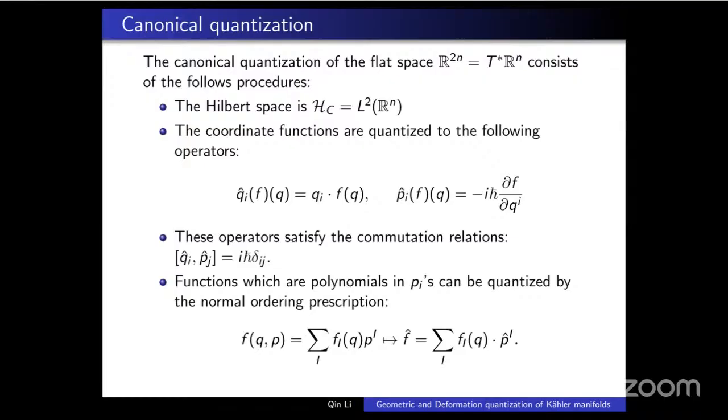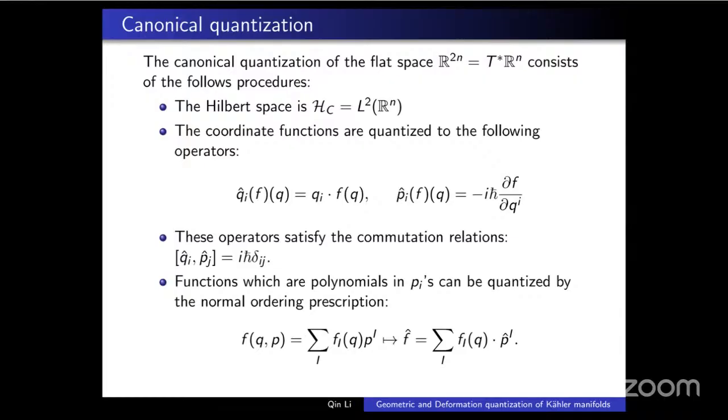And then you also have this Pi hat, and that's, up to a constant, the differentiation of a function f with respect to Qi. And these operators satisfy the commutation relation. You take the commutator of Qi hat with Pj hat, it's a constant times delta ij.